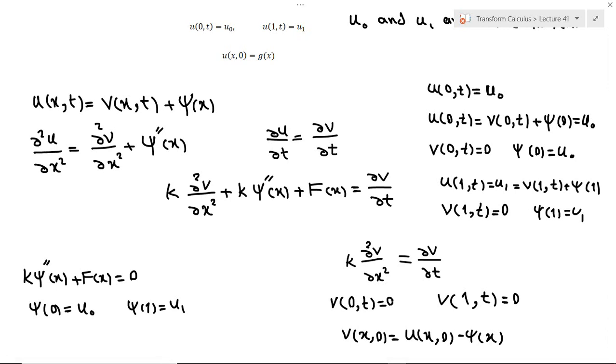If I can find psi x such that k psi double prime x plus f x is equal to 0, and psi 0 is equal to u0, and psi 1 is equal to u1, then I can easily find v as well. Then I add them together, and it results in u of x and t, which is the solution of our problem.